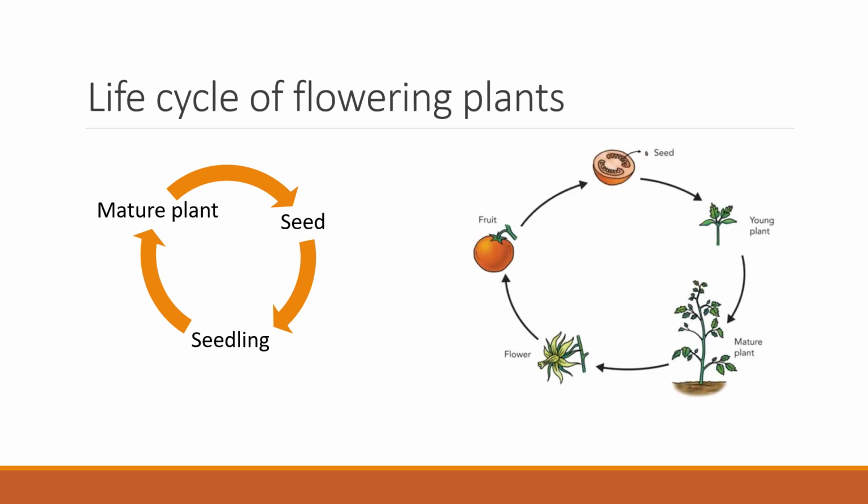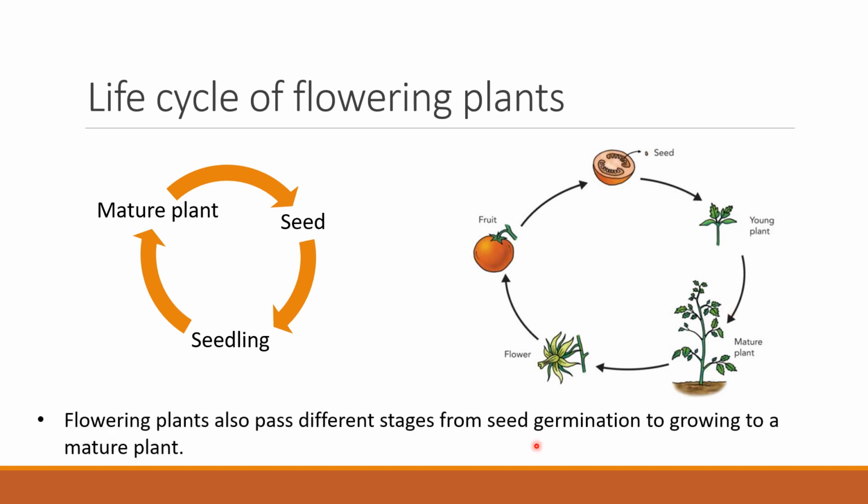The mature plants produce seeds, and usually these seeds are enclosed within a fruit, and after the maturation of the fruit, the seeds come out and develop into seedlings or young plants. These young plants again undergo different growth stages to become mature plants. So not only animals but plants also show a life cycle during growth to become a mature plant.